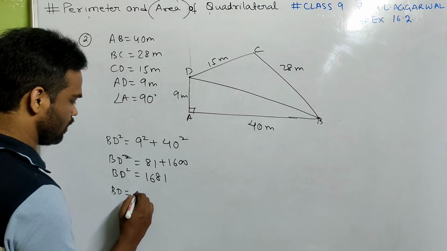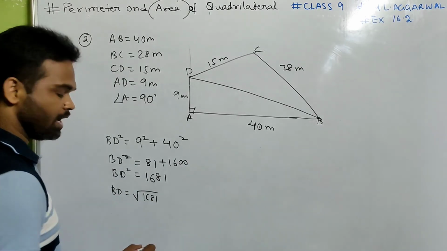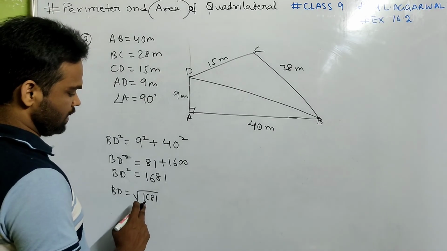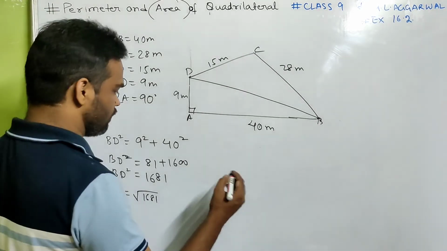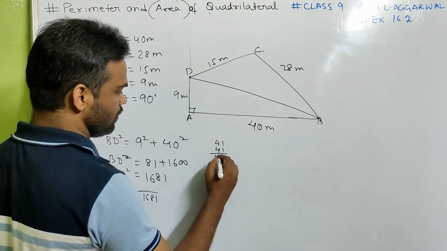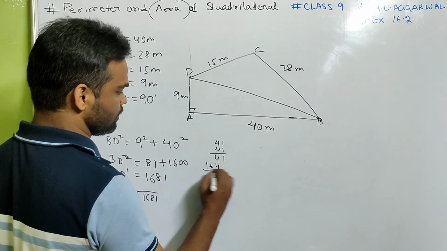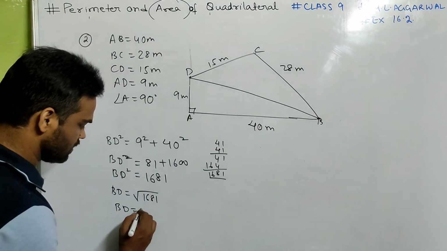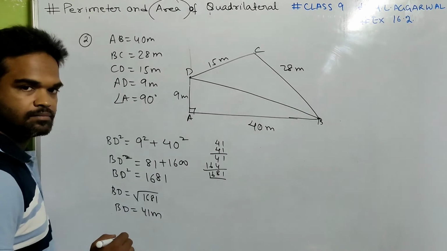Am I clear? So what will be my BD? BD will be root of 1681. Okay? Now, if you do it with 41, look over here. 1 ones are 1, 1 fours are 4, 4 ones are 4, 4 fours are 16. So BD is 41 meter.